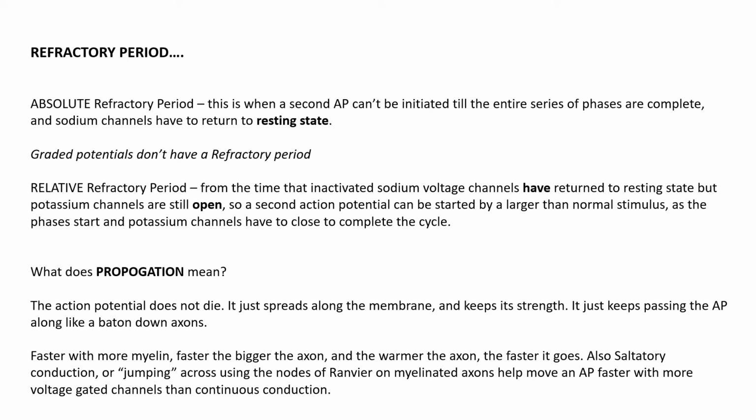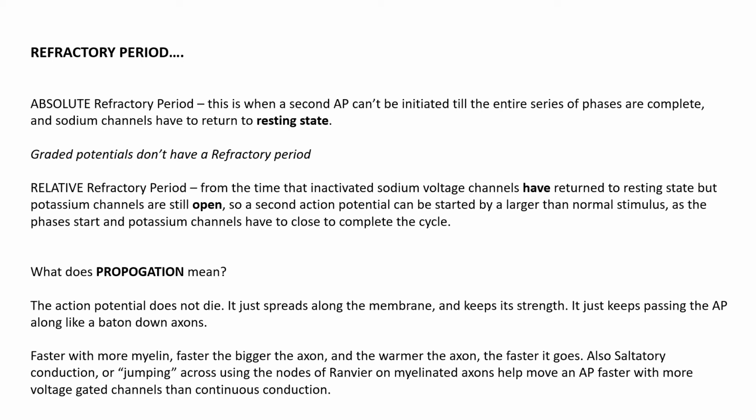It doesn't go away. It just spreads along the membrane. It keeps that action potential strength, and it keeps passing the baton, basically, down more and more axons till it reaches the control center and then back. By now you should know, by positive and negative feedback loops, this is exactly what those loops are.